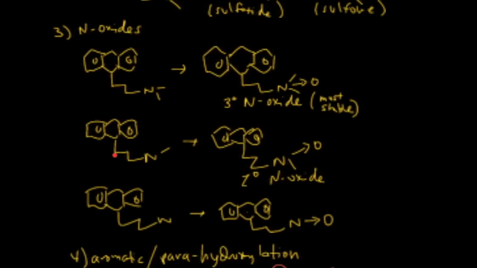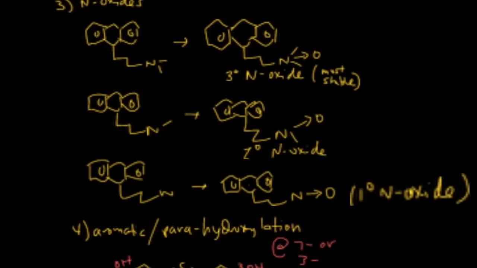Secondary amines have 2 substituents, just add an oxygen. Primary amines have 1 substituent, just add an oxygen. Your tertiary amine oxides are more stable compared to your secondary amine N oxides and your primary amine N oxides. Oh, forgot to label that. Primary N oxide. So your tertiary amine oxides are your most stable of your N oxides.